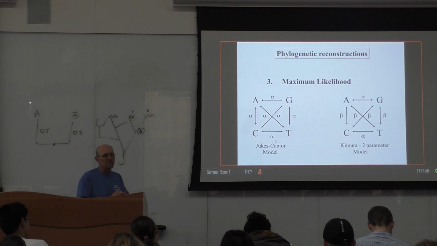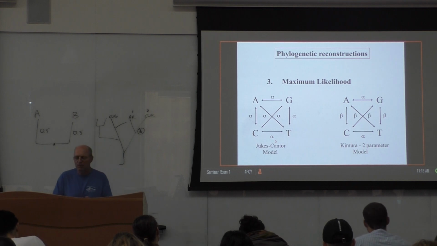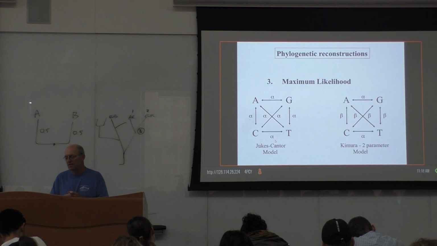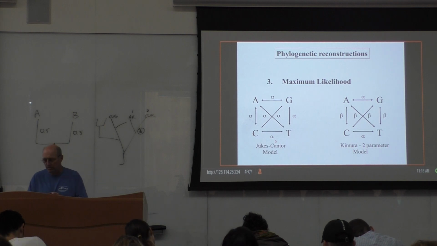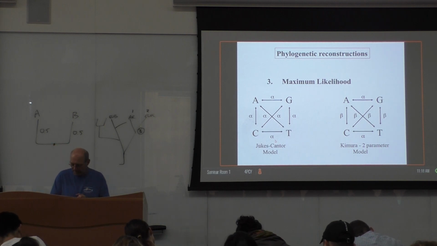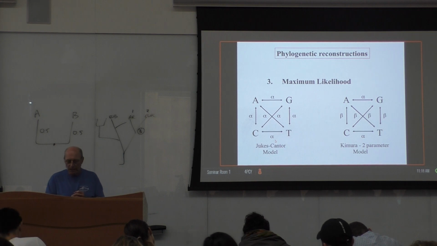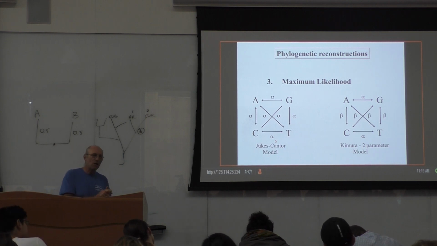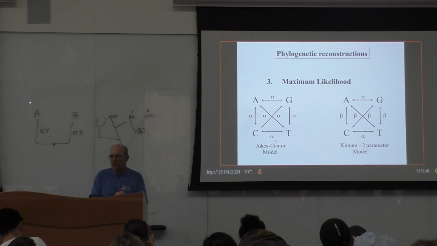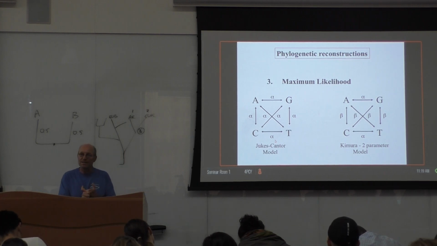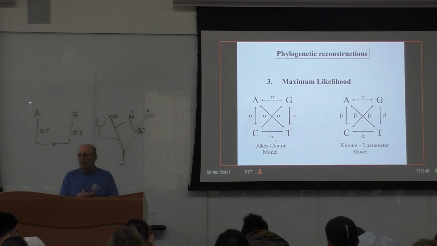The second simplest model is what is called the Kimura two-parameter model. Motoo Kimura was the discoverer of the theory of neutral evolution. We will talk about that at some point. But what he considers, correctly so, is that nucleotides are not identical. There are purines and pyrimidines.